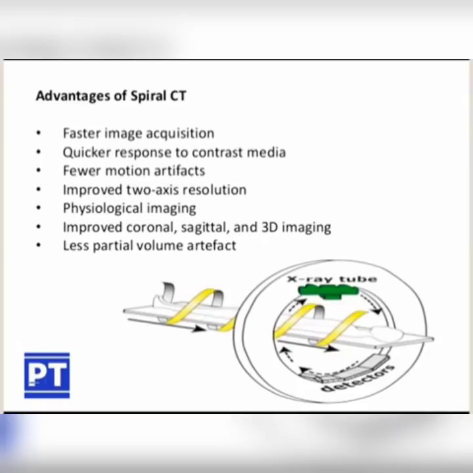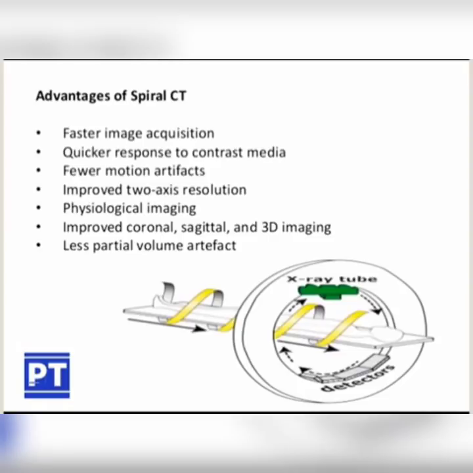Advantages of spiral CT: faster image acquisition, quicker response to contrast medium. Contrast medium we will be discussing later in the upcoming topics. Fewer motion artifacts, meaning the patient has less chance to move. Since the time is greatly reduced, the motion artifacts can be overcome.